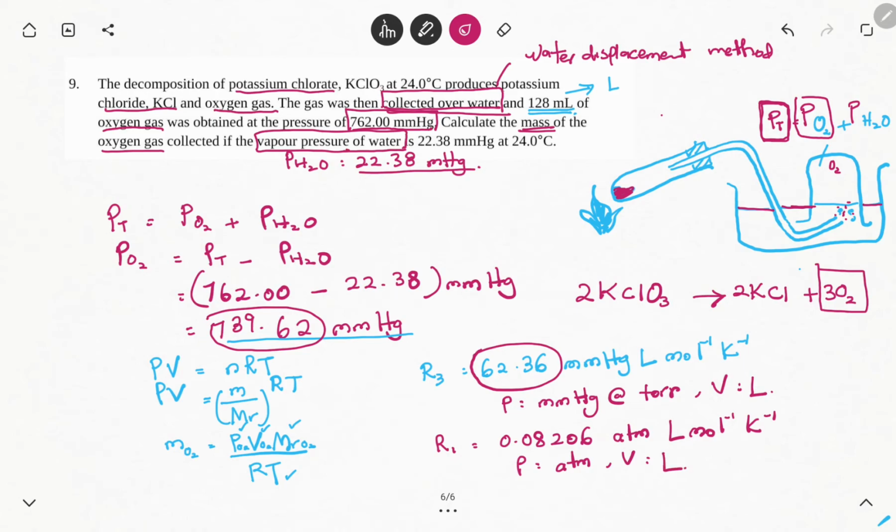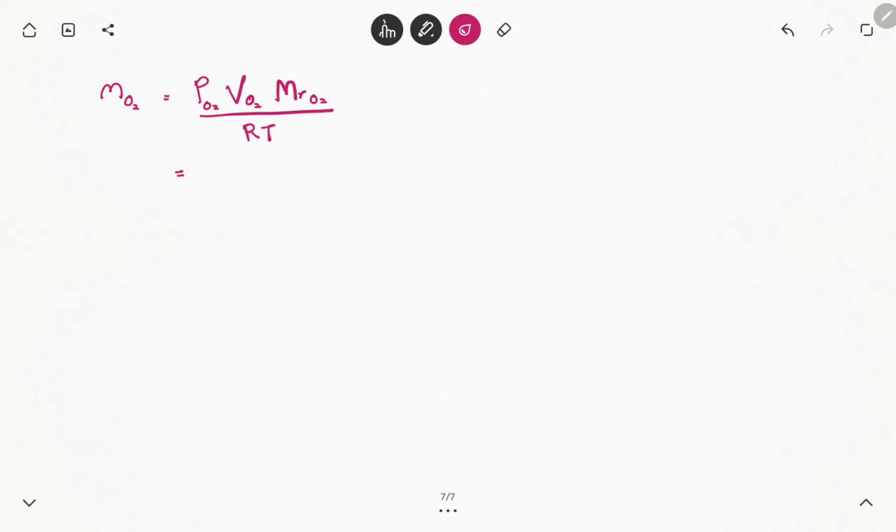The easiest way is to use this gas constant, because we don't need to convert the pressure. Just use it in millimeter mercury. Since we have all the values, just substitute in the formula.